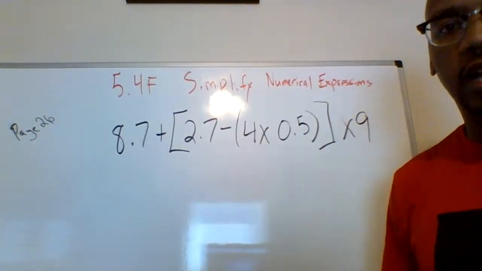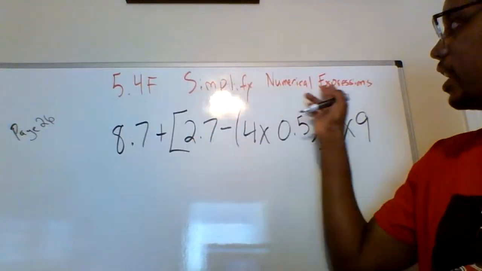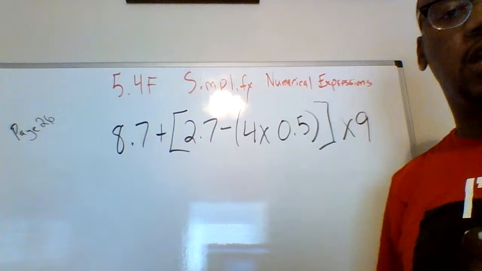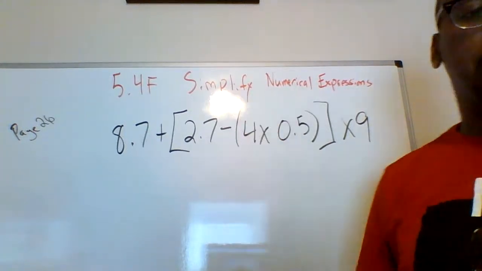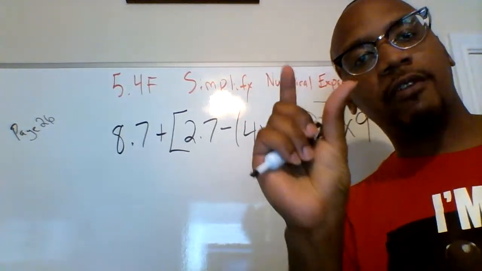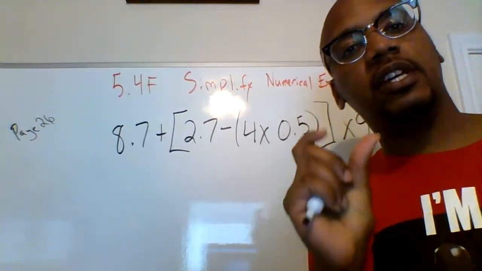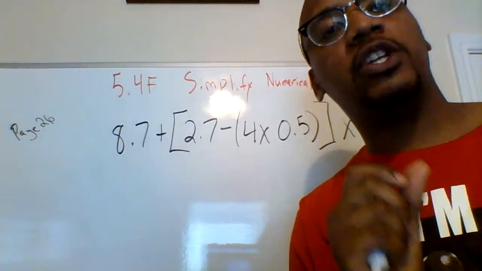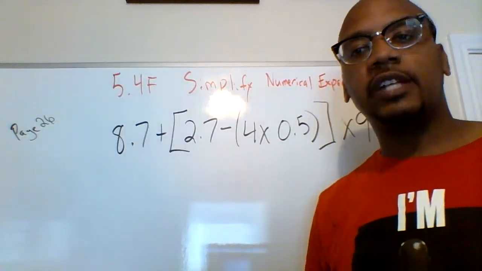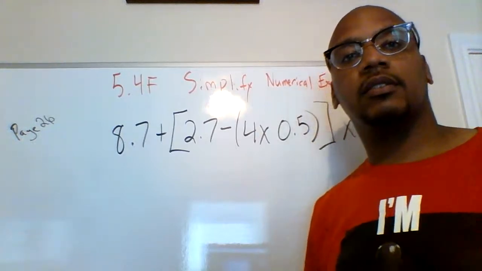Now, this is a numerical expression, and your goal is to simplify it. To simplify something means to keep solving it and keep reducing the number sentence till it's left with just one number.